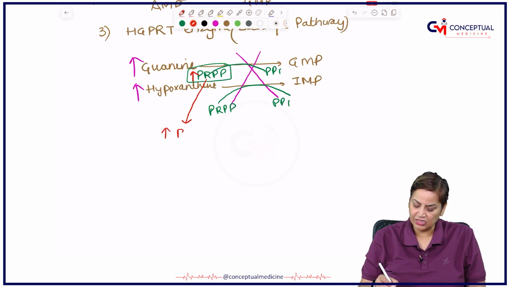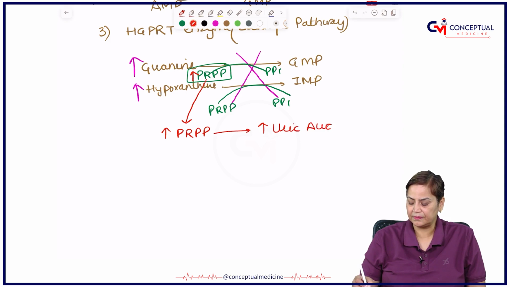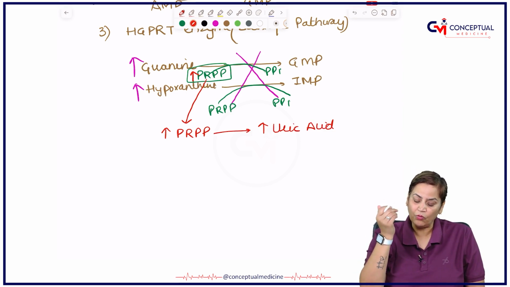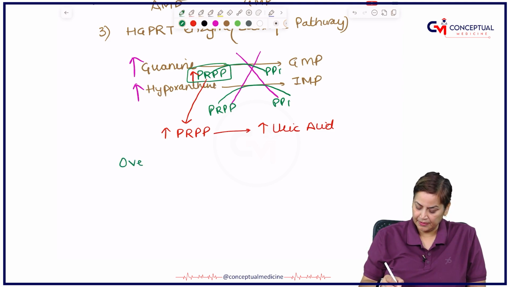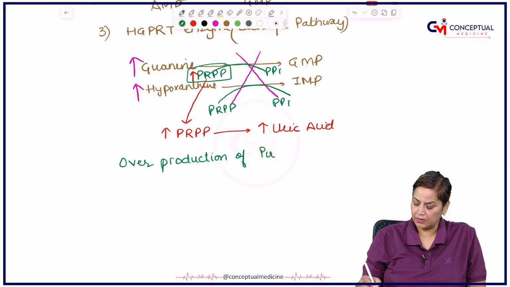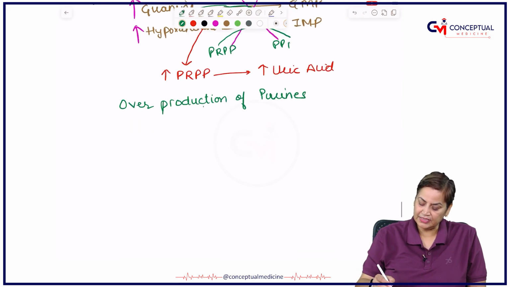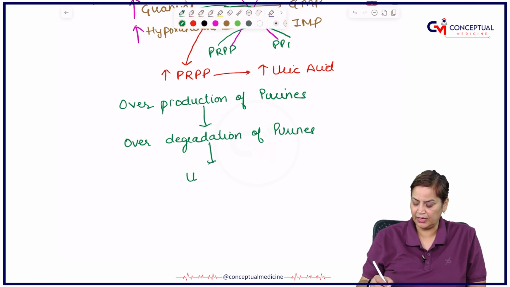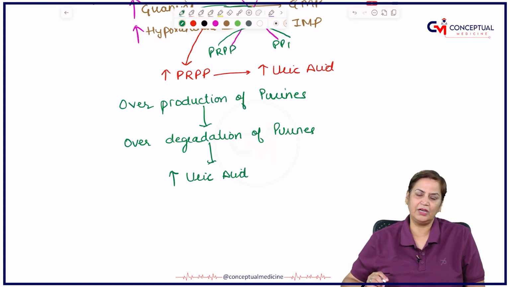Increased concentration of PRPP leads to increased synthesis of purines, because always keep one thing in mind: overproduction of purines always leads to over degradation of purines, which is nothing but uric acid, leading to increased concentration of uric acid. This is very important to remember.